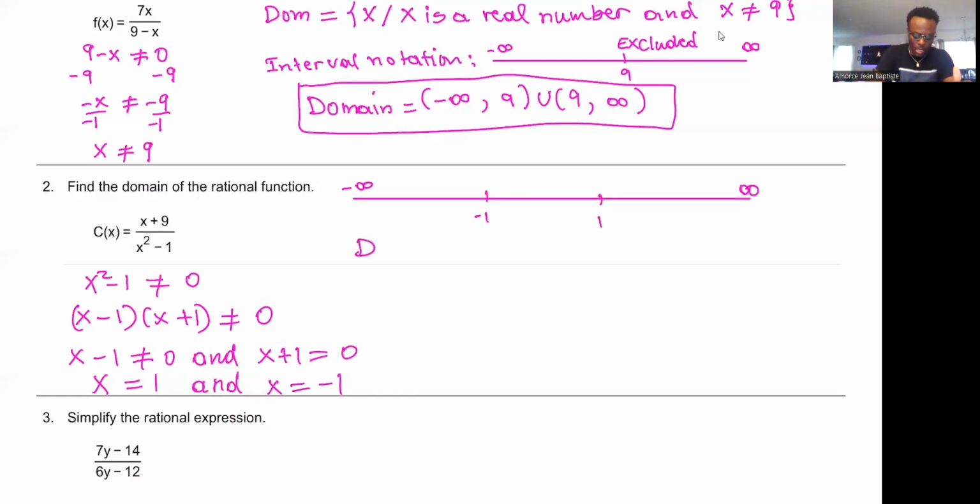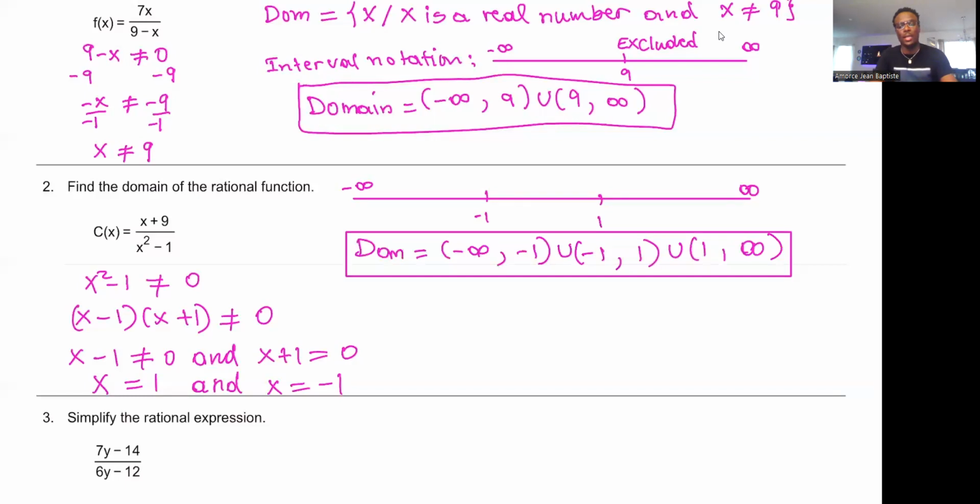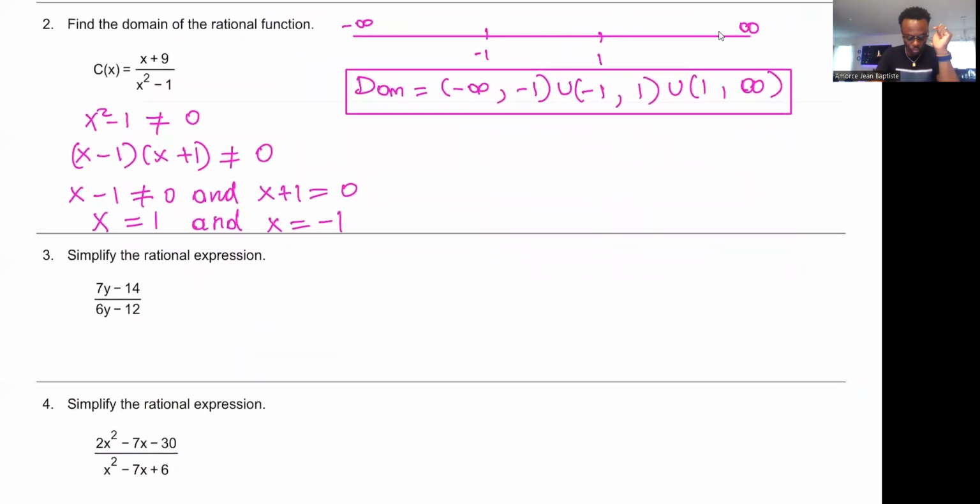So your domain in interval notation is from negative infinity to negative 1 excluded, union from negative 1 to 1 excluded, and then union from 1 to infinity, still excluded. Excluded means that you keep a parenthesis with the numbers. So that is your domain in interval notation, which is required on the test. Not this one, but the interval notation.